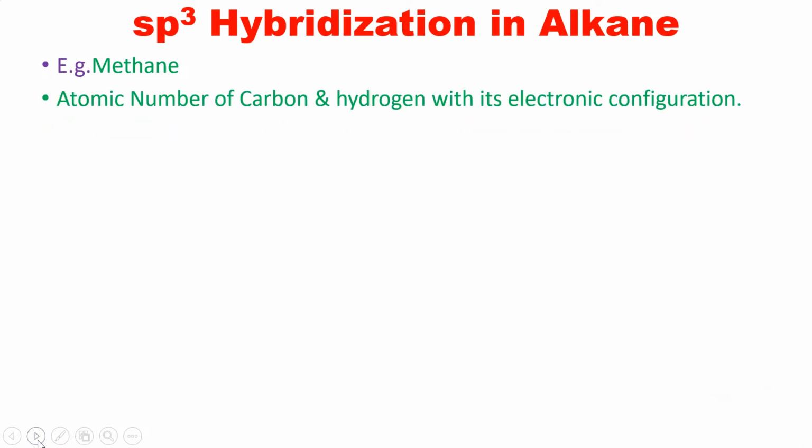The atomic number of carbon and the atomic number of hydrogen. To understand this hybridization, one should know the atomic number of carbon and hydrogen to know its electronic configuration. I will consider that you know the electronic configuration. The atomic number of carbon is 6, so the electronic configuration will be 1s2, 2s2 and 2p2.